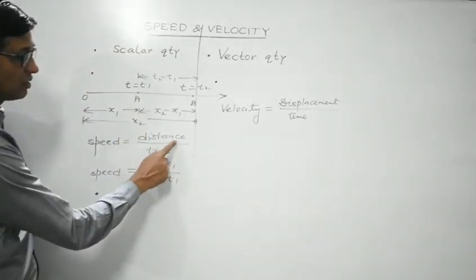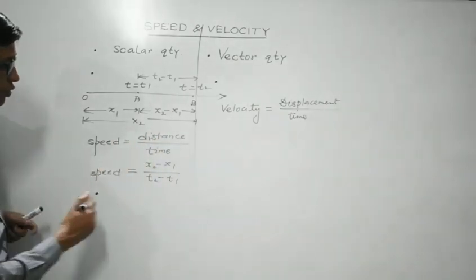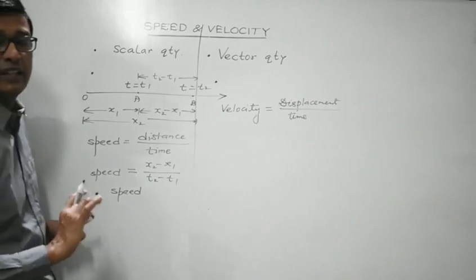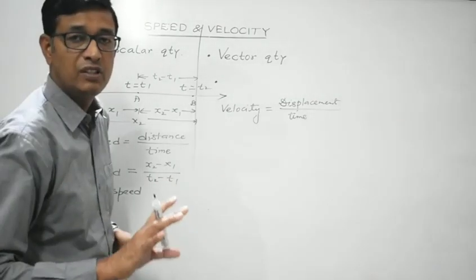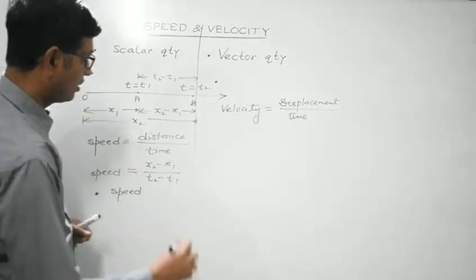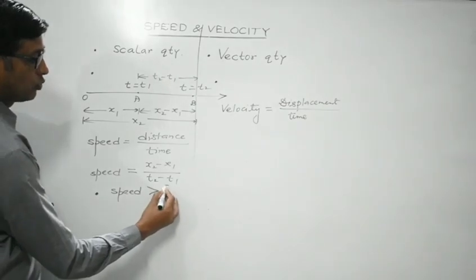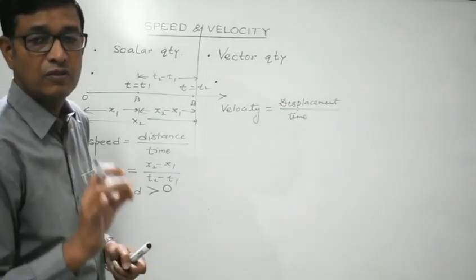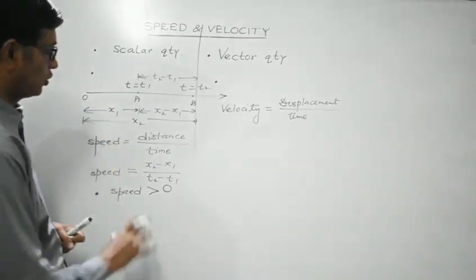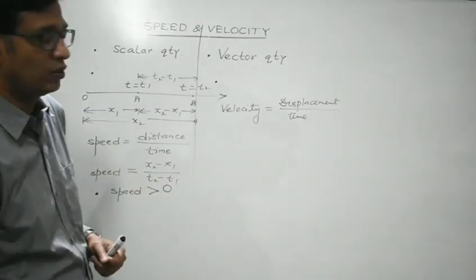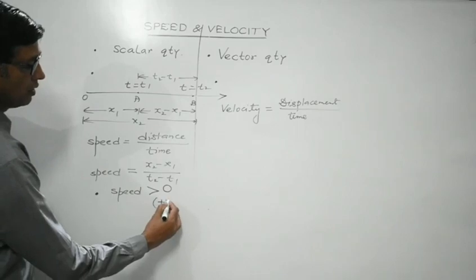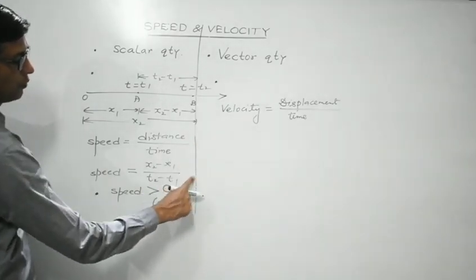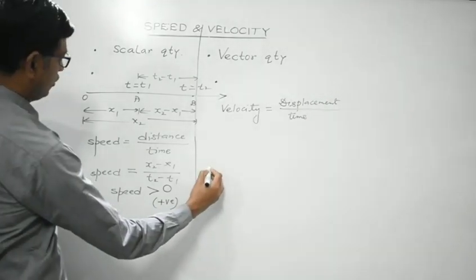So since distance is always positive, speed is also a positive quantity. Speed can't be negative, and it can't be zero if the body is in motion. It has some positive finite value. So the speed of a body is always greater than zero, which means it can attain only positive values. Right? Okay. Regarding velocity.